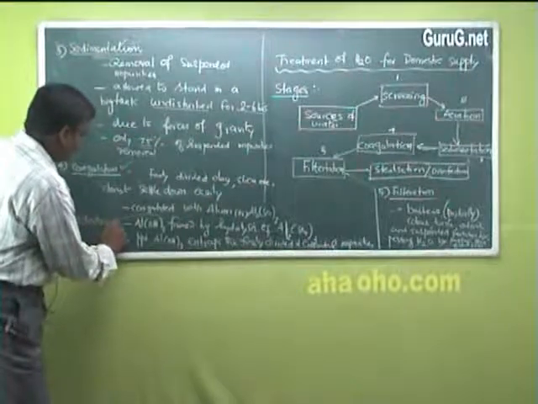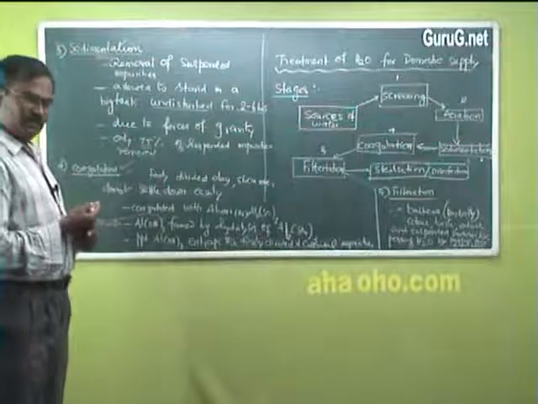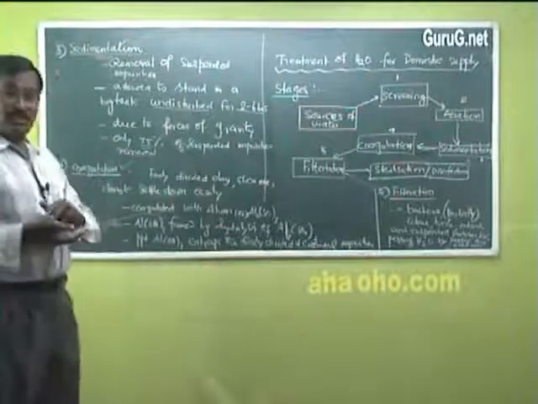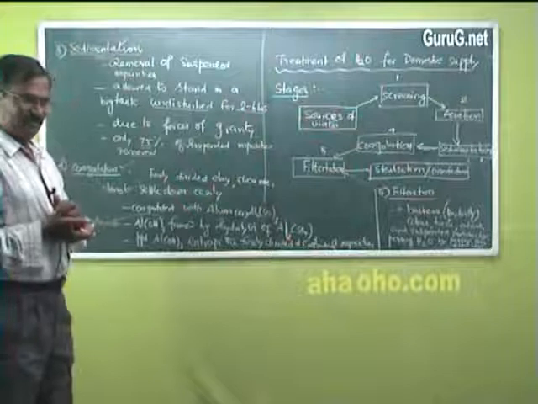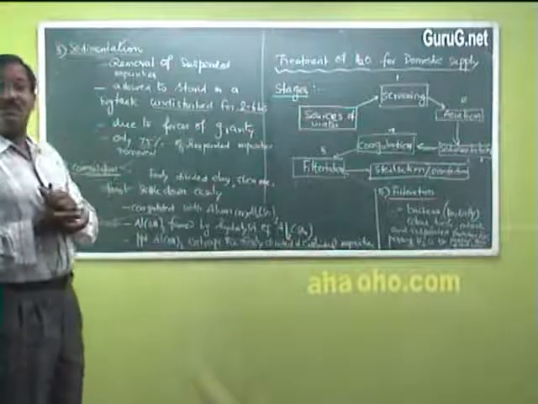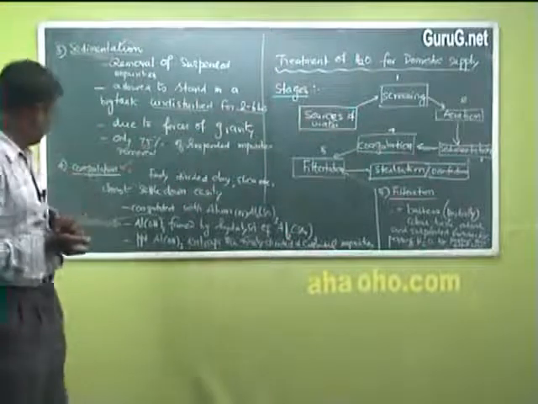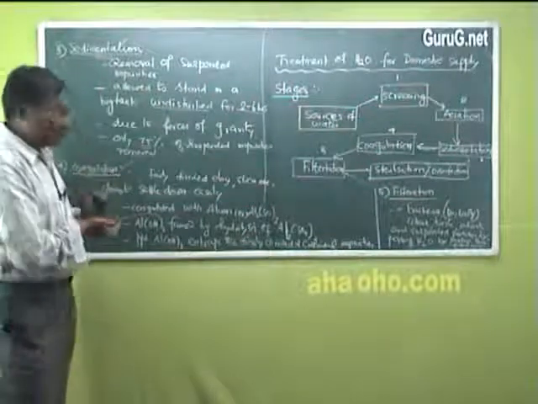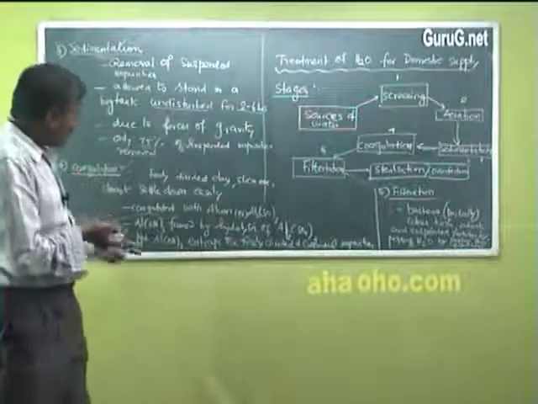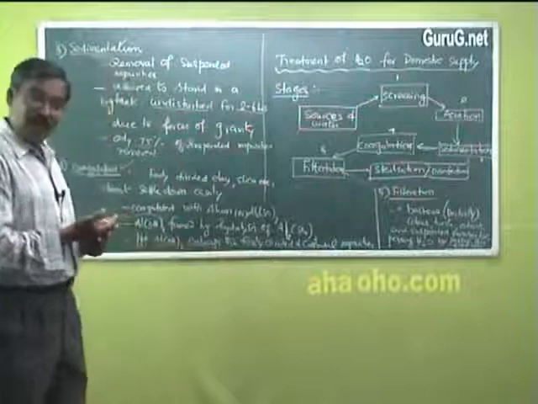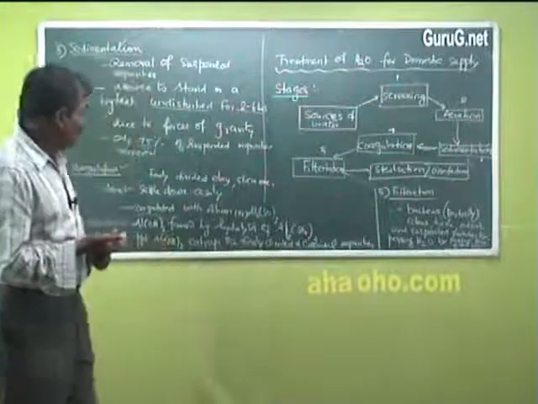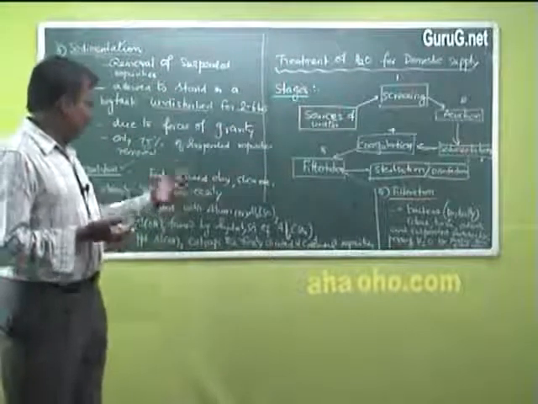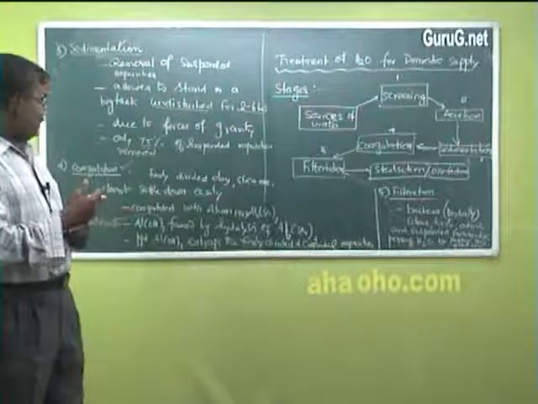It is a gelatinous precipitate. That means the precipitate has a particle size close to colloid. It does not have a particle size as big as our conventional precipitate. So the gelatinous white precipitate entraps the finely divided colloidal particles, clay and silica, to settle down with it.